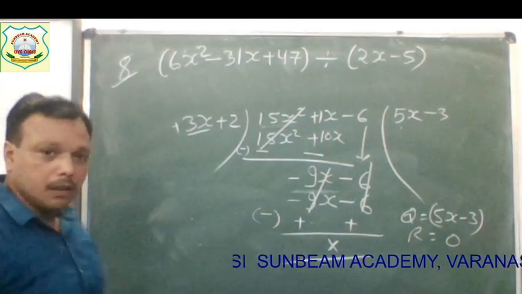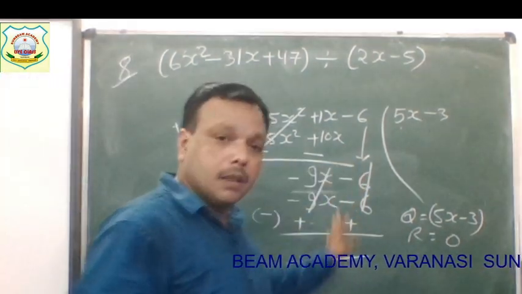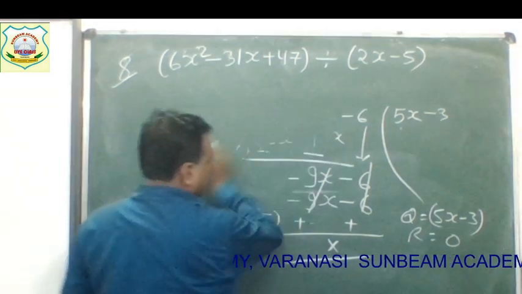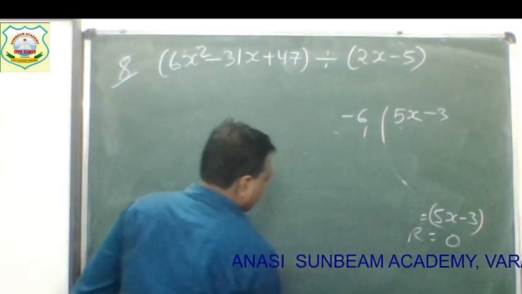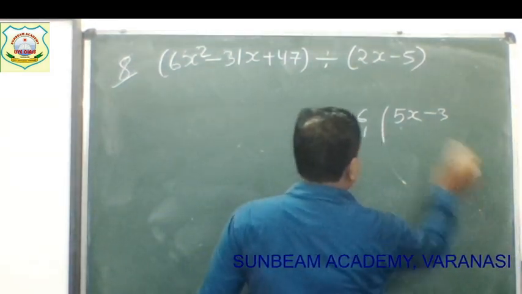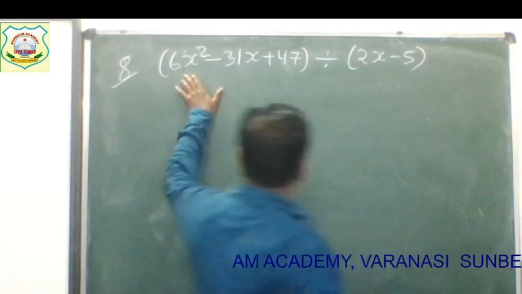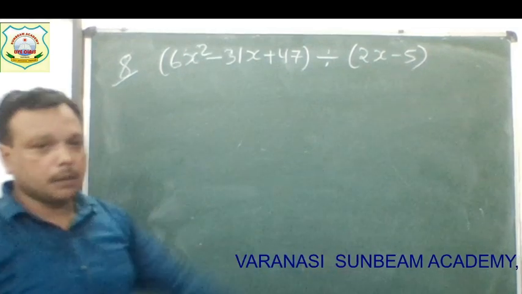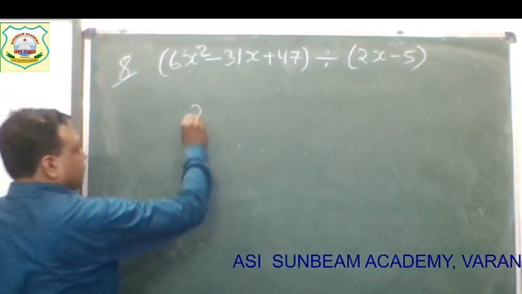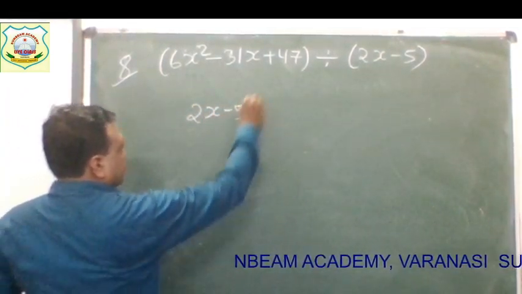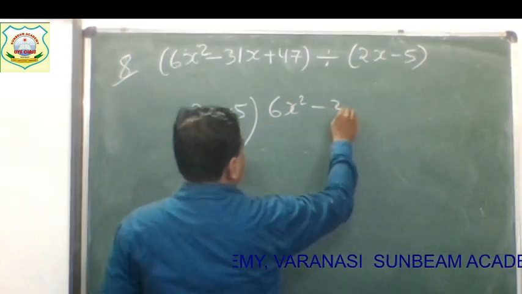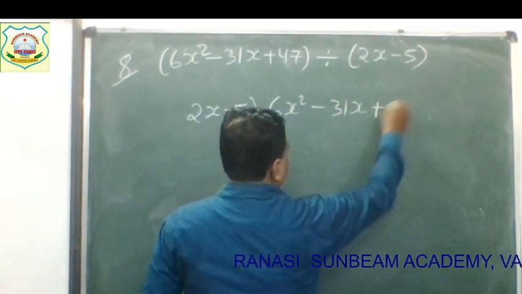Students, done everyone? Is it clear to everyone how we can do this one? Okay students, now I am going to do the rough work. So next we have noted 6x square minus 31x plus 47 divided by 2x minus 5. So 2x minus 5, 6x square minus 31x plus 47.